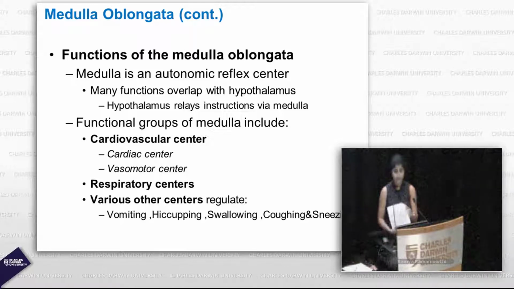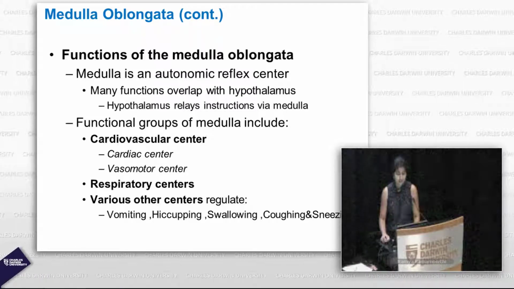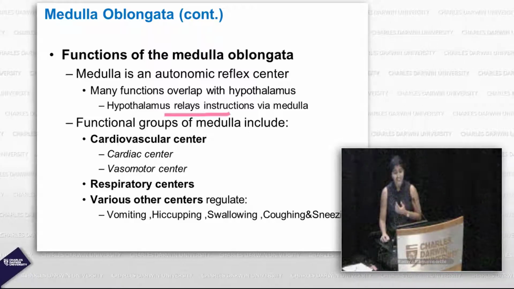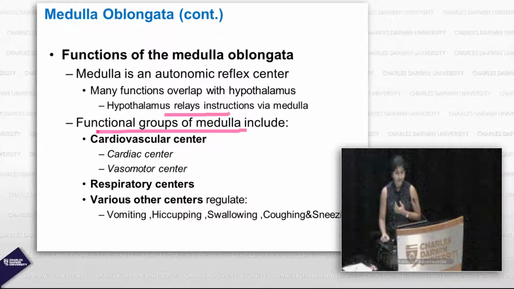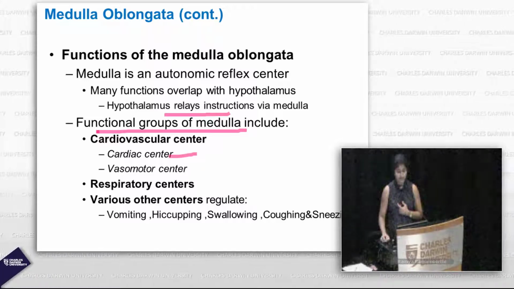Again, medulla has many functions overlapping the hypothalamus, mainly because it's acting as a relay station as well. There are different functional groups present in medulla, mainly the cardiovascular center, which controls your cardiac function. Vasomotor center, what does it do? Can you guess?